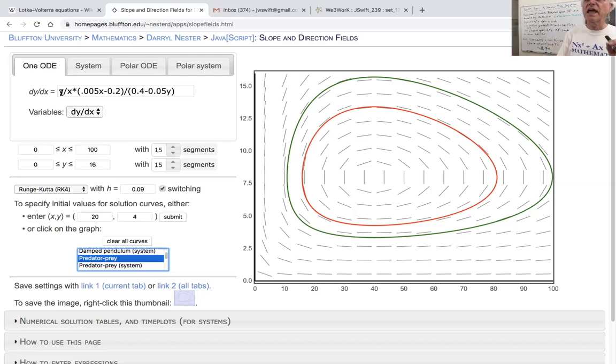And this actually turns out to have a constant of the motion. These curves all lie on some function of x and y equals a constant. That's why we see these closed curves. These are contours of a constant function of two variables.